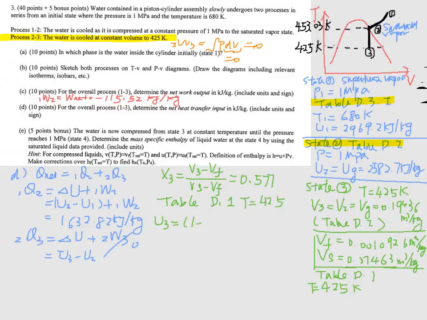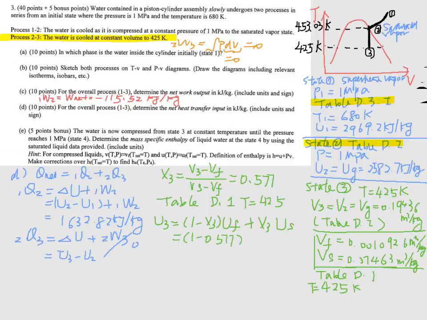It's 1 minus x3 times the internal energy when it's a saturated fluid, or saturated liquid, and then plus x3 times the internal energy when it's a saturated vapor. So let me just put all the numbers in so it's more straightforward.